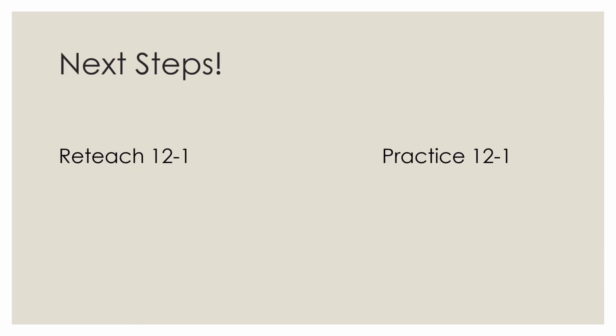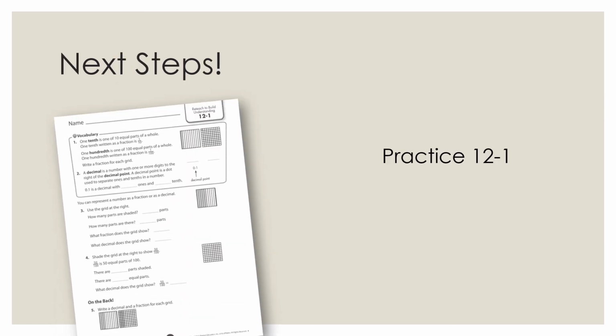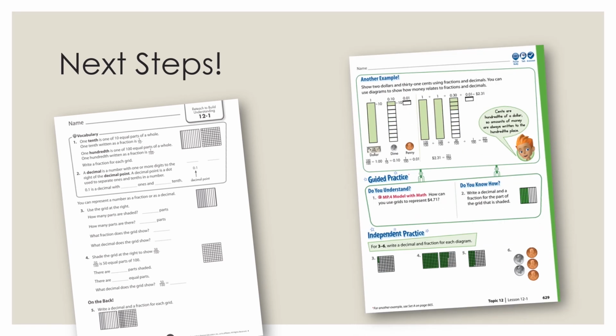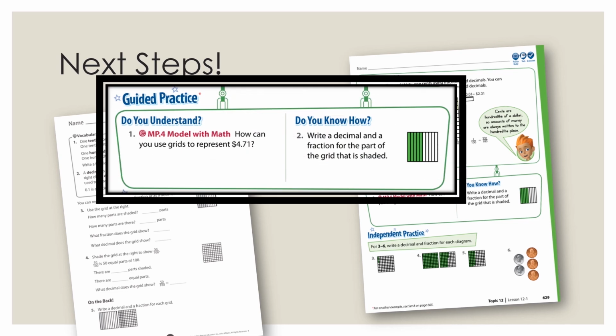And now it's your turn to try it out. First up is your Reteach page 12-1. At the top of the page, you have some review for vocabulary. Tenth, hundredth, decimal, all of these words are used here. The rest of the page has a couple more examples for you to go through. When you finish that, you can move on to practice page 12-1. There's another example at the top of the page, and then some guided practice in the middle, numbers 1 and 2.